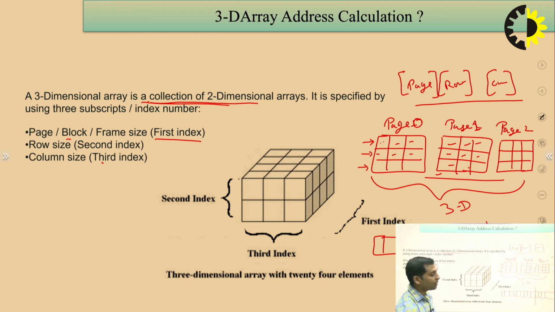And in the column major method, how to allocate? In the column manner per page.